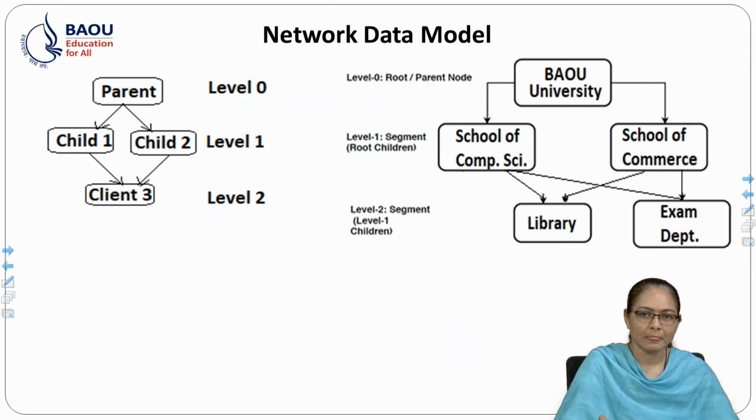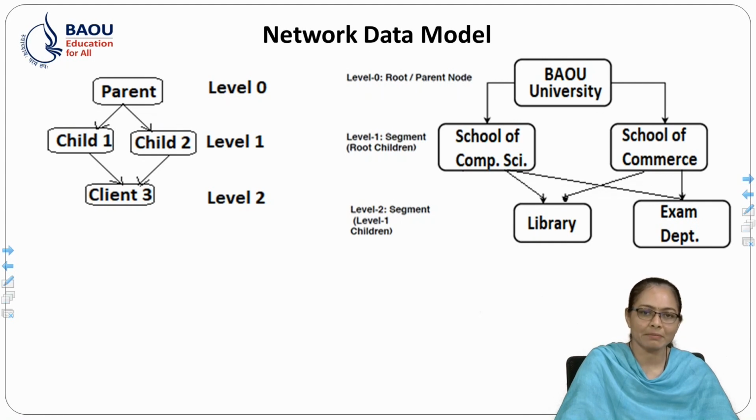In this model, each link between 2 record types represents a one-to-many relationship between them. It means one Bow University has multiple departments, that is one-to-many. But many child records have one parent and library has 2 parents. The School of Computer Science has one parent, Bow University, and library has 2 parents, School of Computer Science and School of Commerce.